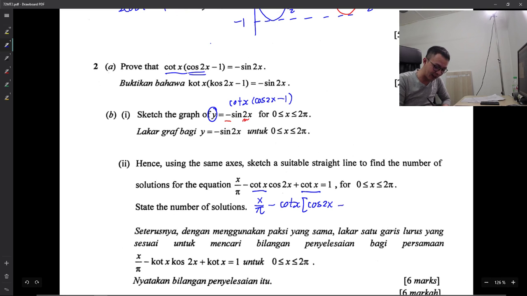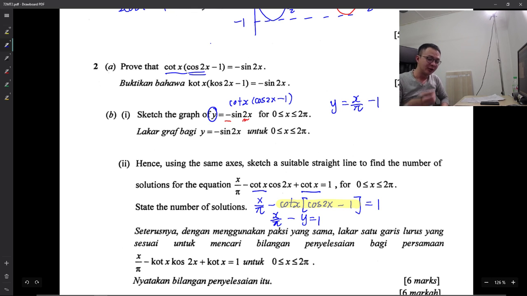Alright, I kind of get it already. So I know the whole thing here is equal to y. Then I will do something like x over pi minus y equals to 1. So therefore, y will equal x over pi minus 1.